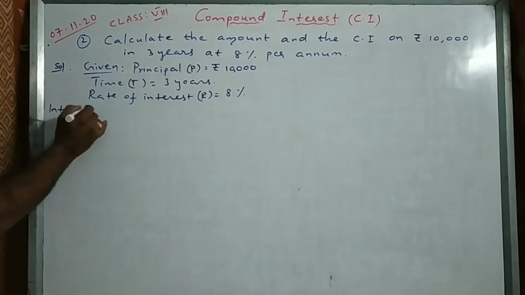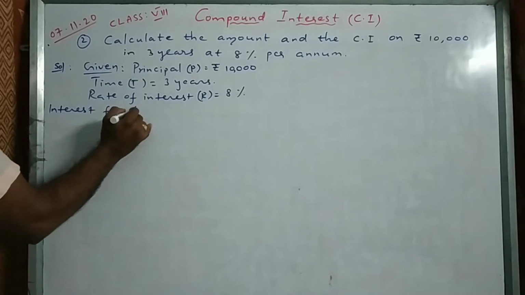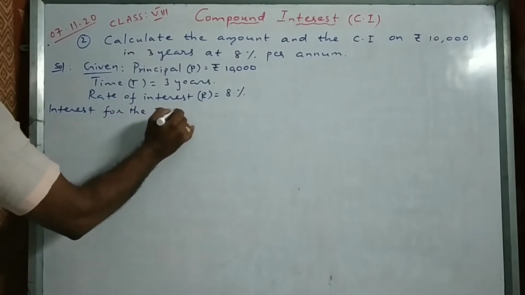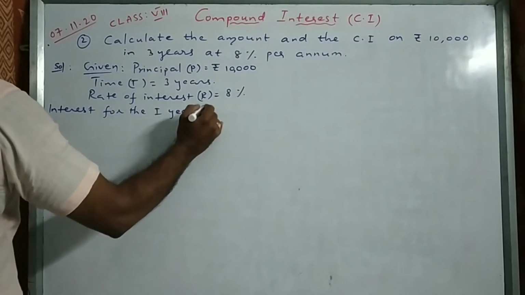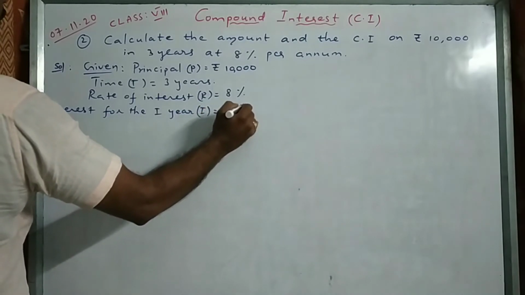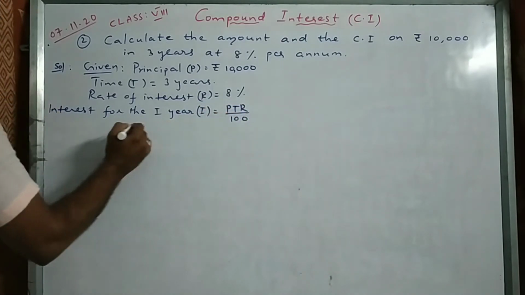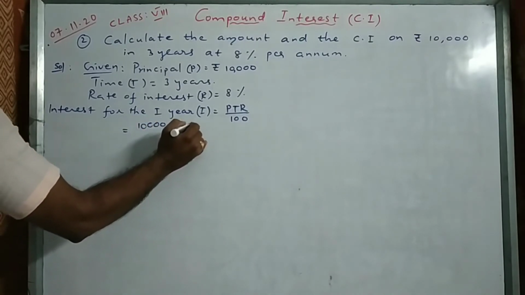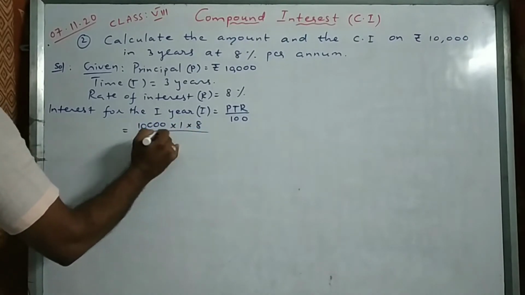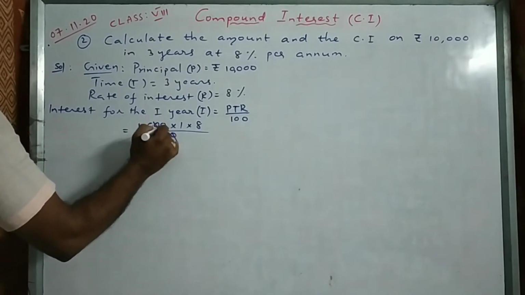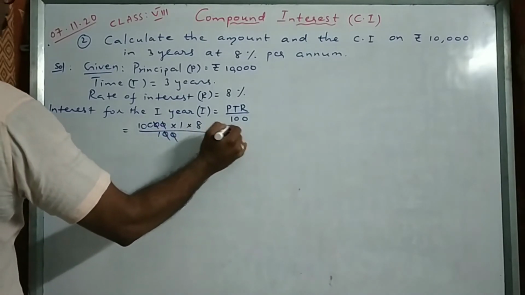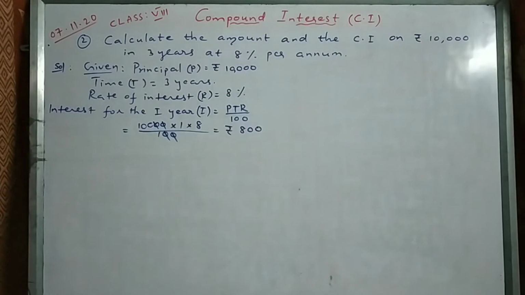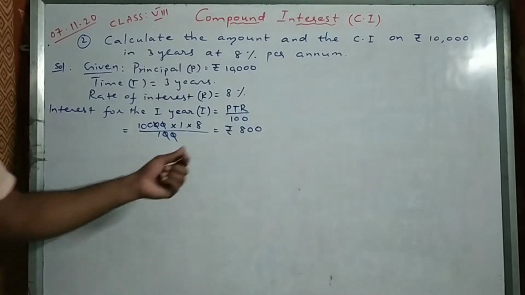Interest for the first year. I is equal to PTR by 100. So principal amount 10,000 into time 1 year, rate of interest 8 by 100. So rupees 800 is the interest for the first year.